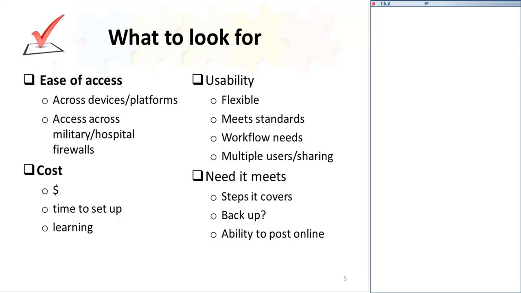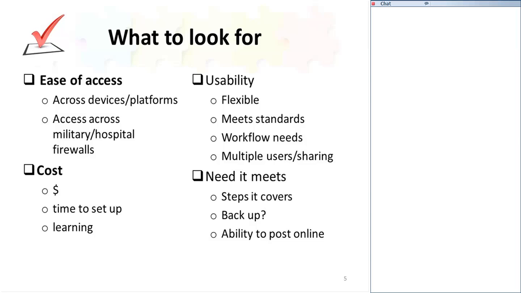One thing that I have come across, especially in working with some hospital librarians and those on military bases, is that not all the tools are accessible to them, and that has caused some issues. It's been like a great tool, except that maybe a few of our team members can't use it.